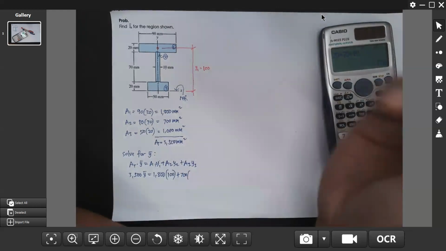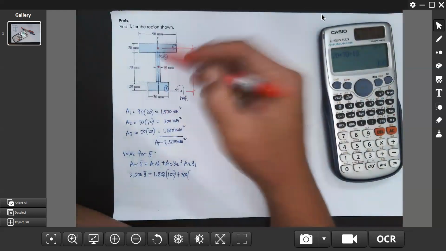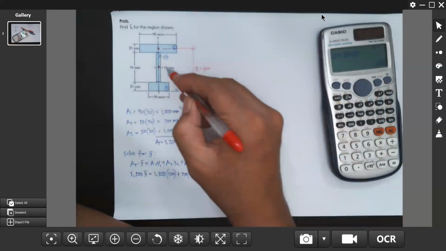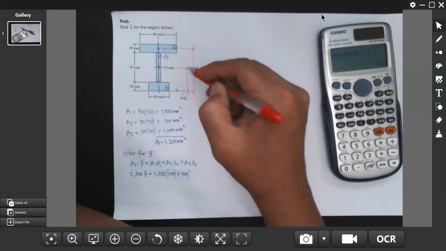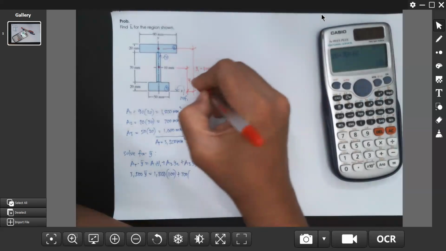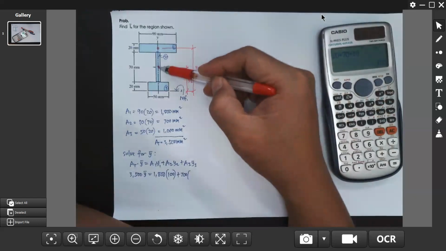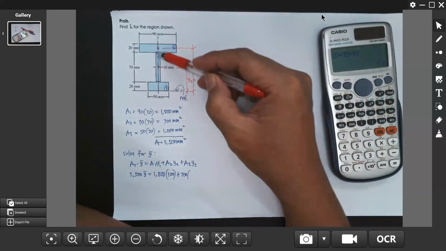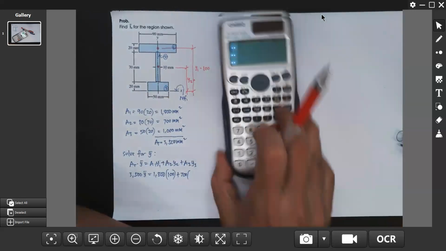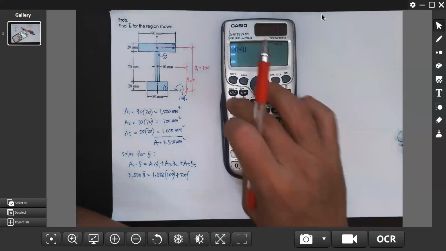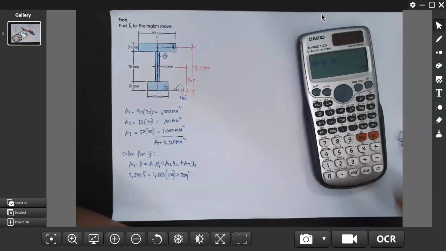For element number 2, the centroid is located here, at the center. And this is our y2. Our y2 is 20 plus 1/2 of 70, which is 55.